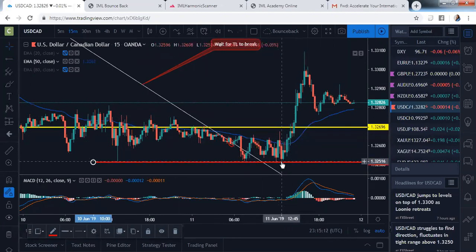It's likely that the stop loss would have hit before it took off. This is why I implemented the 50 moving average line. This is why I told you guys to add the 50 moving average line to your bounce back.